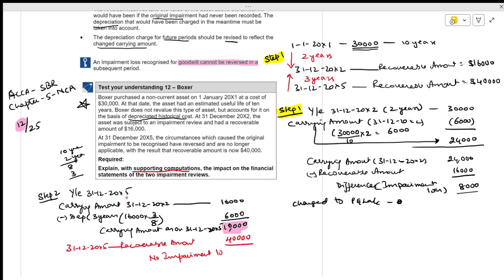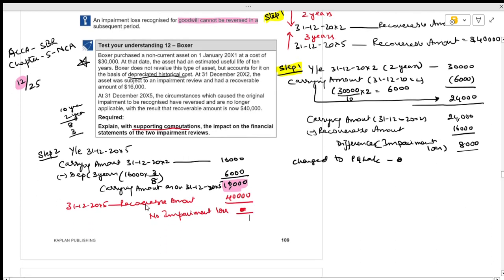No impairment loss. Now it is very clear that we have to be very specific with respect to the loss.